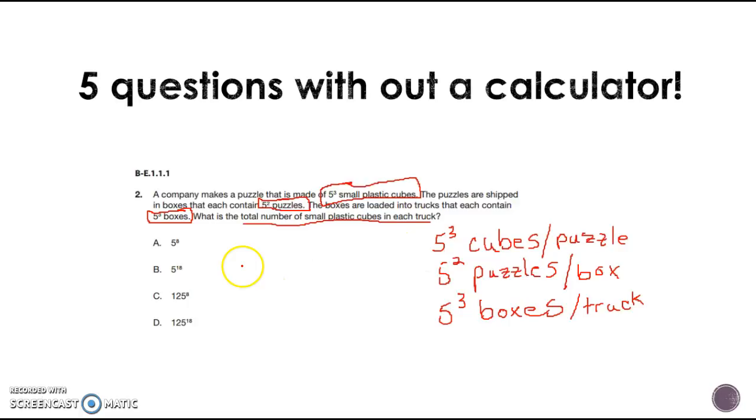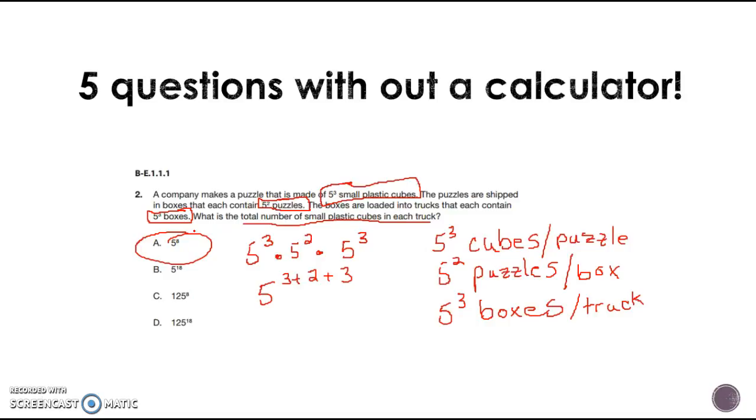So when we want to multiply 5 cubed times 5 squared times 5 cubed, you have to add those exponents. So actually, this very hard looking problem comes down to adding 3 plus 2 plus 3, which gives us 8, which is the answer, 5 to the 8th.